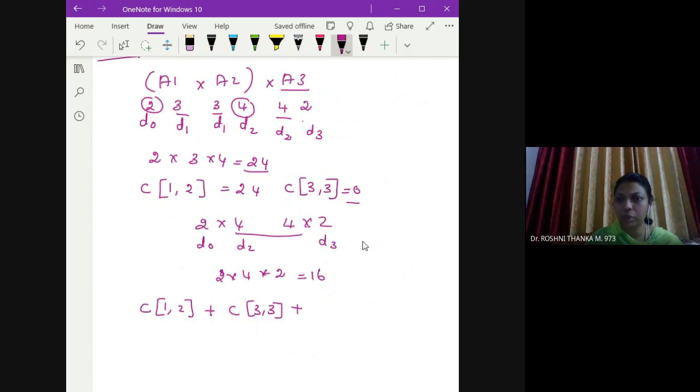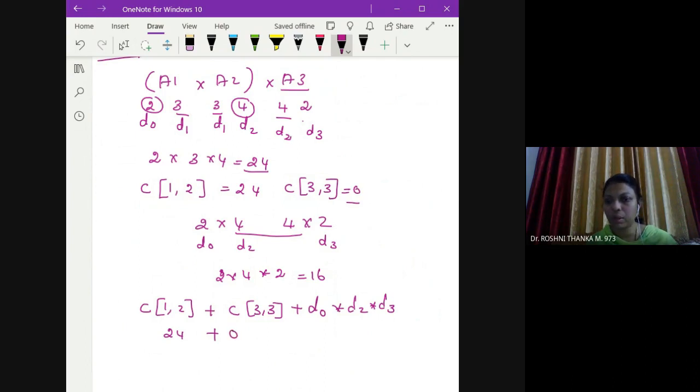So what is 2 4 2? We can denote that here as D0 into D2 into D3. The cost of multiplying the 1 comma 2 matrix is 24. So we got 24. What is the cost of this matrix? We didn't do any multiplication there, right?